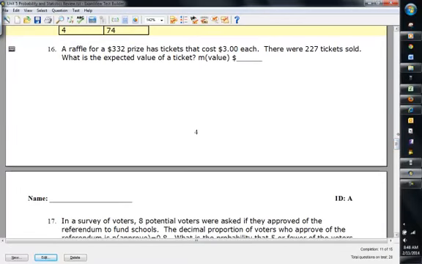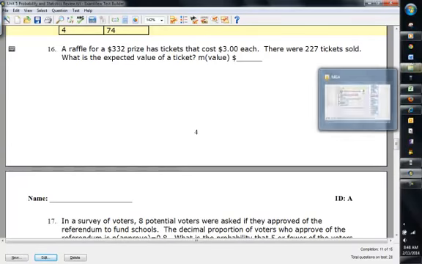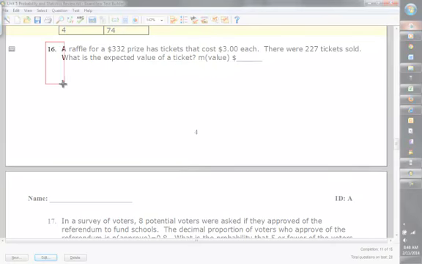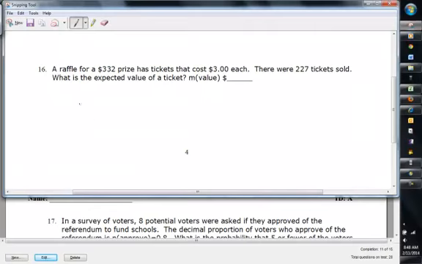A raffle for a $332 prize has tickets that cost $3 each. There were 227 tickets sold. What is the expected value of the ticket? Okay, so expected value is the payment 227 times $3.